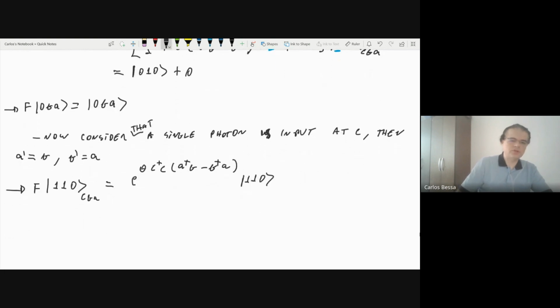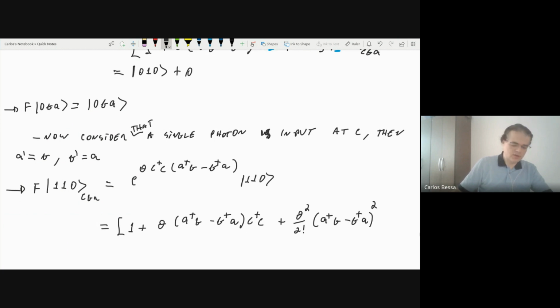So the same procedure. I'll make an expansion, but now I'll expand to higher order terms because we want to get a general expression. So C dagger C plus the second term is this one, A dagger B minus B dagger A.